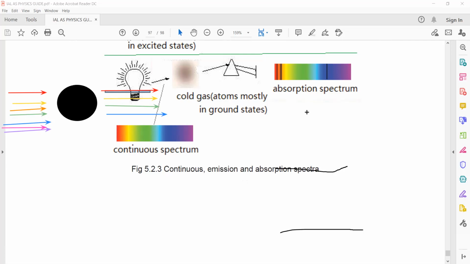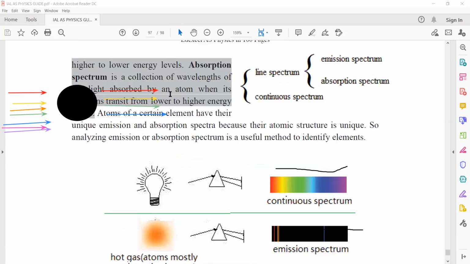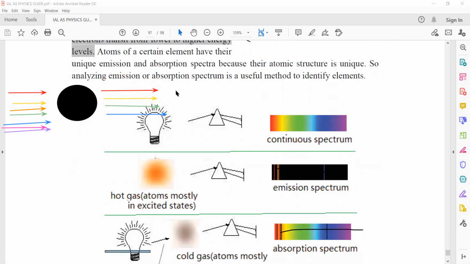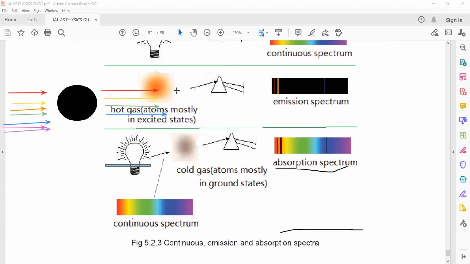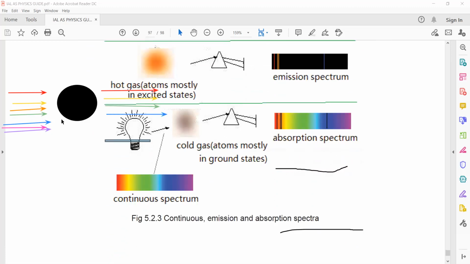Is the idea clear? Absorption is when the atoms are absorbing energy and electrons jump from a lower shell to a higher shell. Emission is when the electron returns back. Is the difference between emission and absorption line spectrum clear?